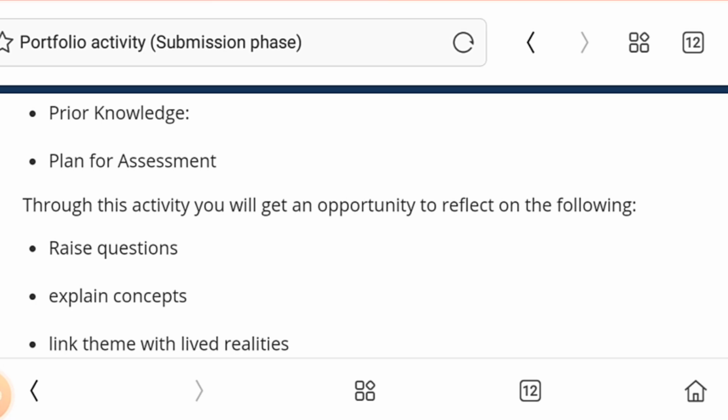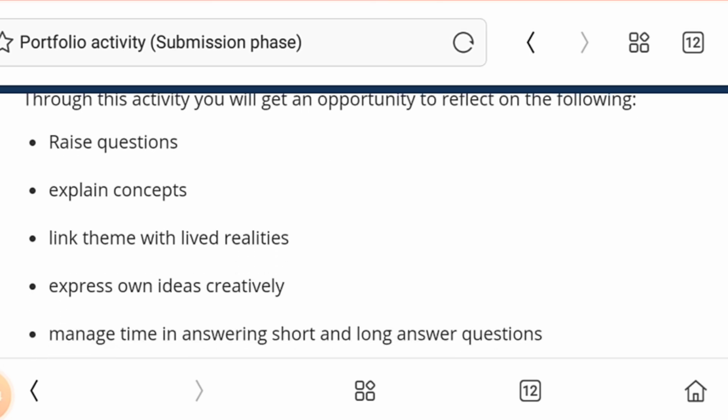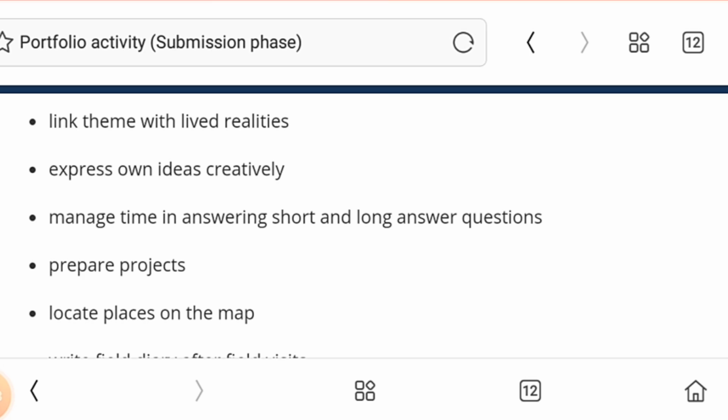Through this activity, you will get an opportunity to reflect on the following. You have to write some points, what you want to tell, what you want to inject to your children through this activity. Raise questions, explain concepts, link themes with lived experiences, express own ideas creatively. Manage time in answering short and long answer questions.